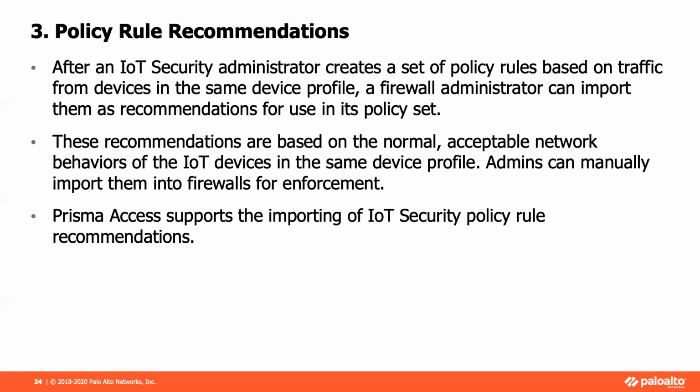So what this does for us is lets us leverage our existing deployment of Palo Alto Networks Prisma Access, firewalls, etc., to act as security devices, as well as probes to be able to find these devices and be able to report these to IoT.